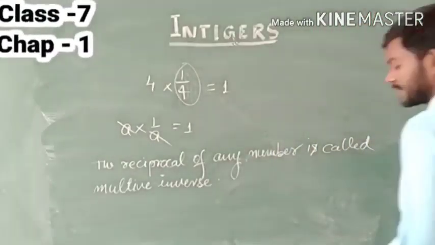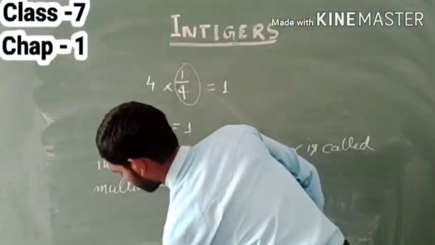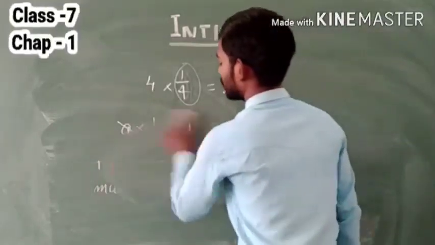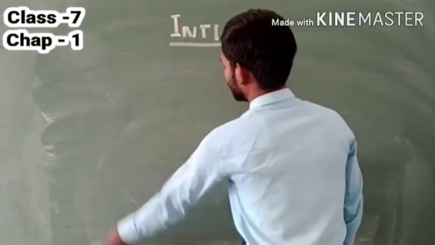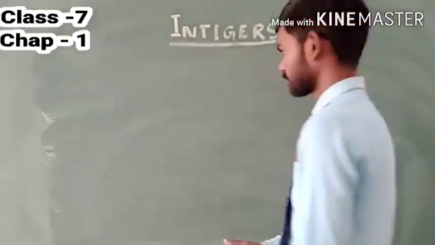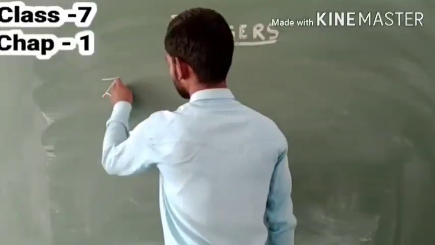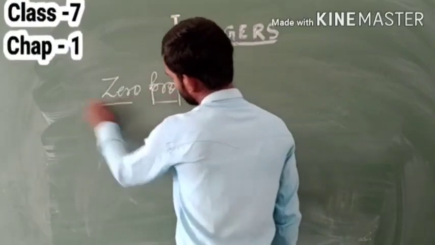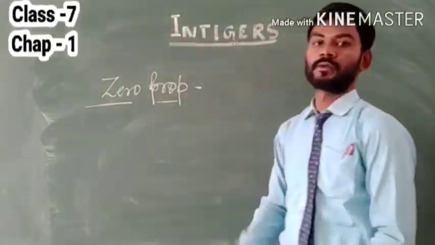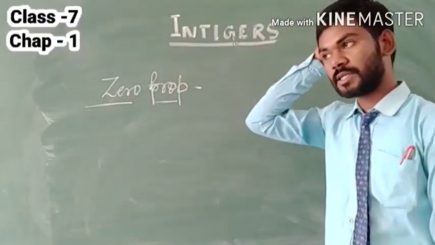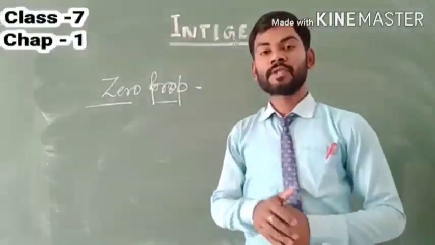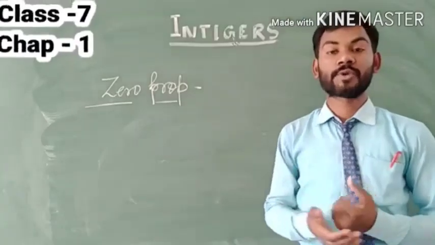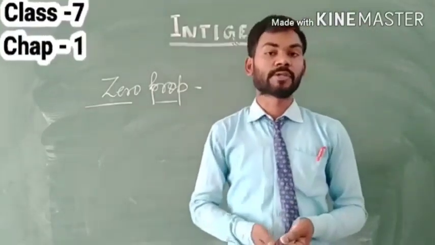Now let us see the next, that is the zero property of integers. Let us see what the zero property is. In the first video on integers, as I told you, 0 is neither a positive integer nor a negative integer.